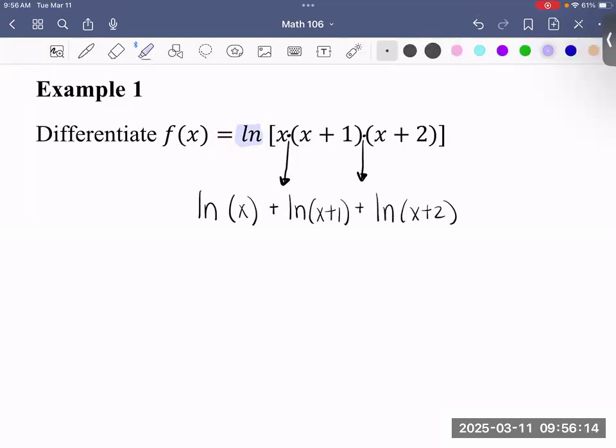All of those little multiplication symbols here will turn into addition based on your properties. And again, all of them have some sort of ln. So this is kind of creating a shortcut. Step 1 is to break them up, and then step 2 is to go ahead and differentiate.